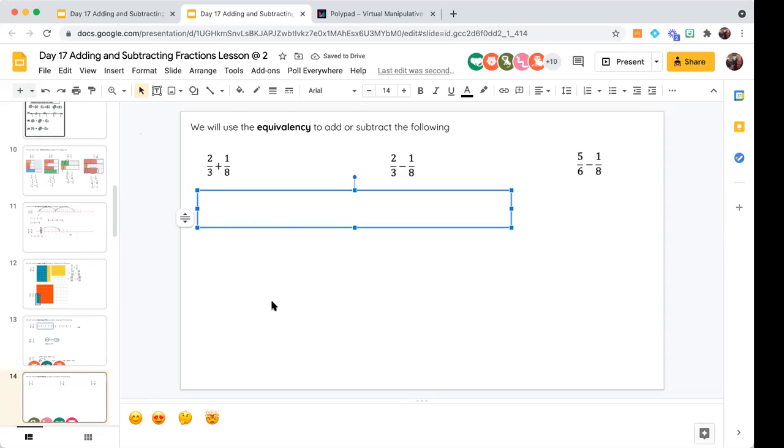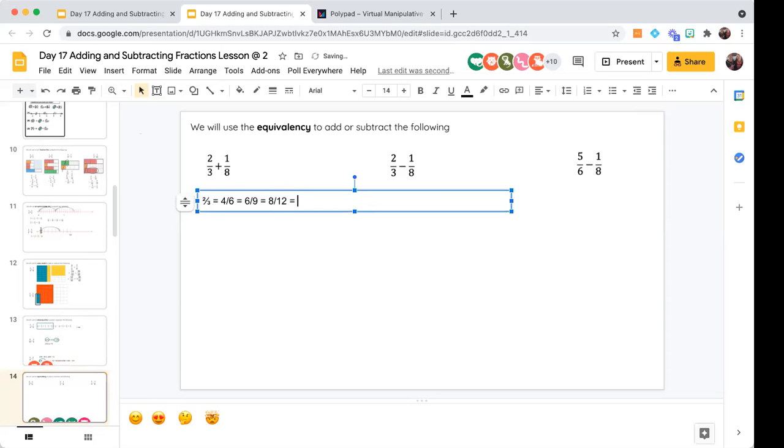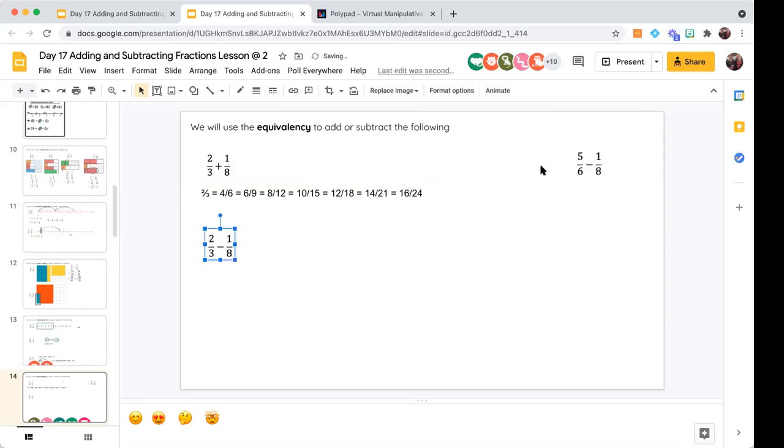Thinking about 2/3, I'm going to write what 2/3 is equivalent to. 2/3 is equivalent to 4/6, which is equivalent to 6/9, which is equivalent to 8/12, which is equivalent to 10/15, and 12/18, and 14/21, and 16/24. So I went a long way here, right? We went a super long way. We might have to move these down here.